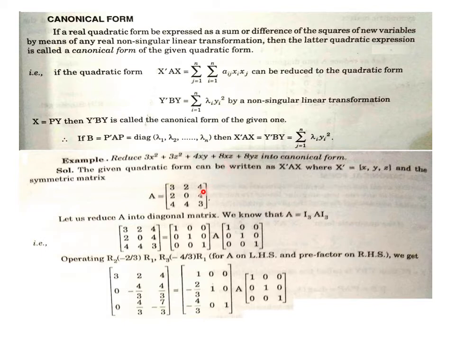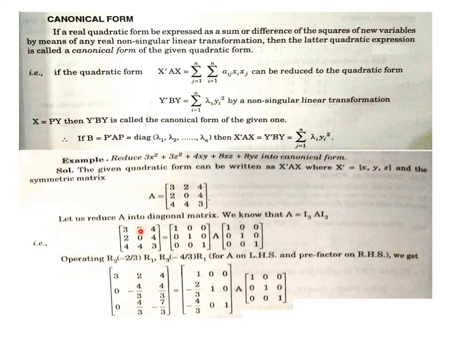So the coefficient of the 1 3 position is 4 and the coefficient of the 3 1 position is also 4. Then yz is there, 8yz, y to z, variable 3, so 2 3, and 8yz can be written as 4yz plus 4zy. So the 2 3 position is filled with 4 and 3 2 is also filled with 4. So that is how we can create that matrix A using that quadratic form. Then simple matrix computations are there. Let us reduce A into diagonal form.